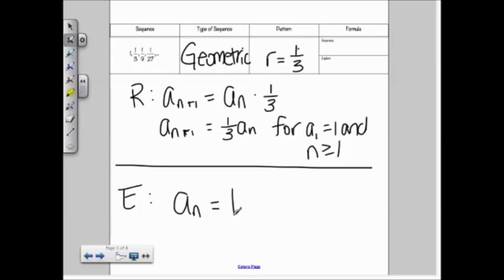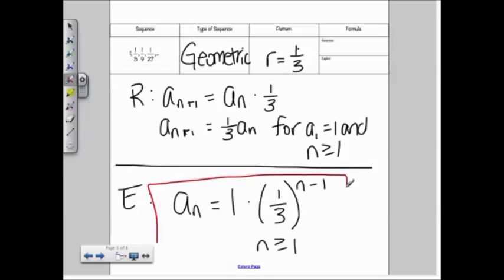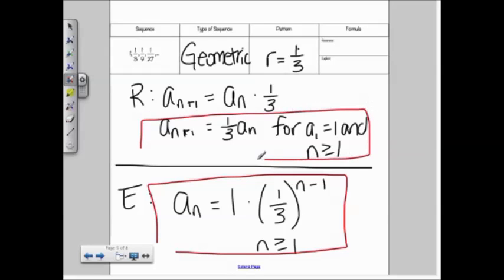Make sure you're looking back at the formula on your paper, multiplied by the r, which is 1/3, raised to the n minus 1 power. Okay? And that's for n is greater than or equal to 1. So this is what's going to go into my explicit formula box, and this is what is going to go into my recursive formula box.